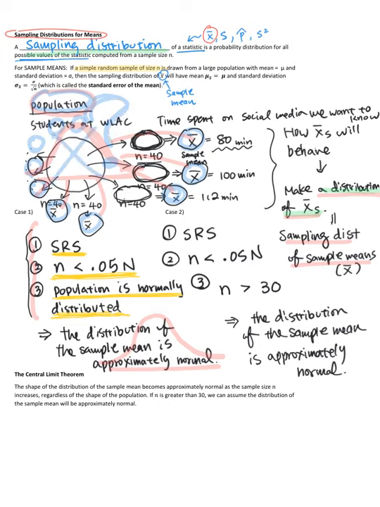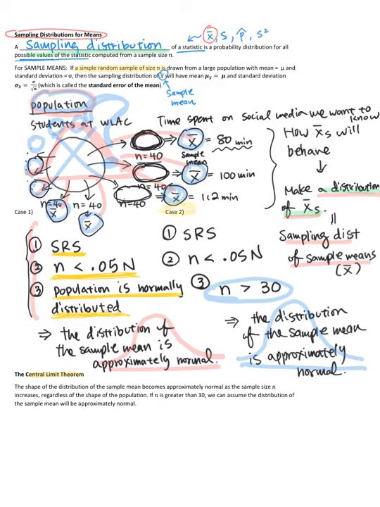But as long as the sample size is more than 30, even though the population might not be normally distributed, we can conclude that the distribution of the sample mean is, again, approximately normal. Now, this has a special name called the central limit theorem.